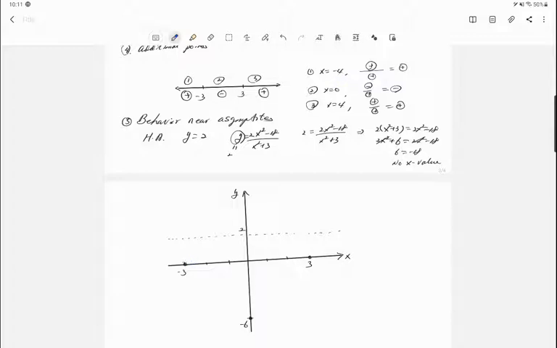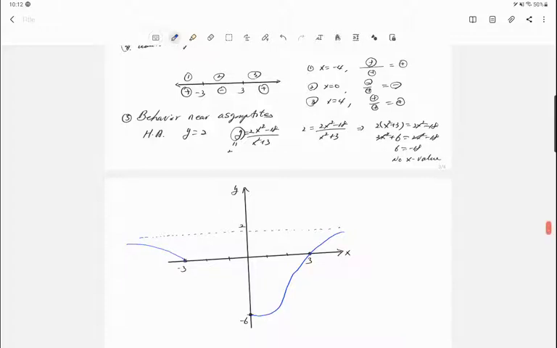So we draw something like this. Can you see it? This is the horizontal asymptote. This part is positive, between these is negative, and from here it is positive.